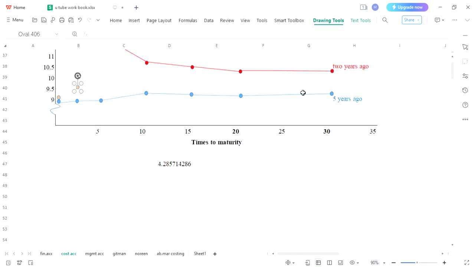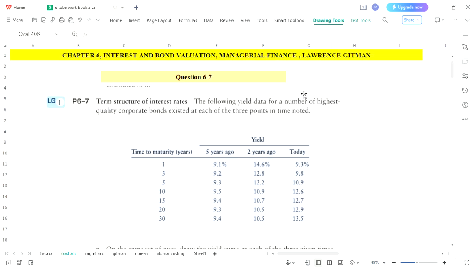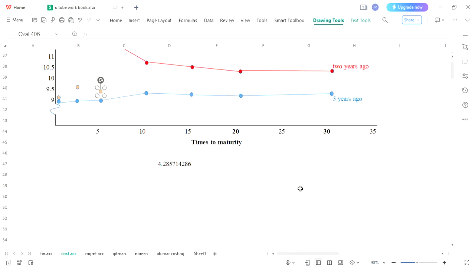Okay, so the next point would be at 5 years. 5 years is saying to take 10.9. 10.9 would be in between 10.5 and 11. Okay, we have got it.